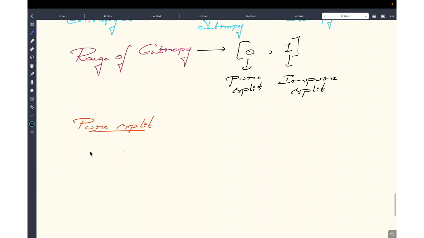Pure split in the sense a node contains only one class. So decision making becomes easy.